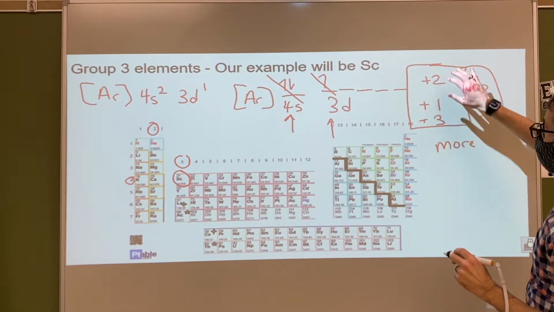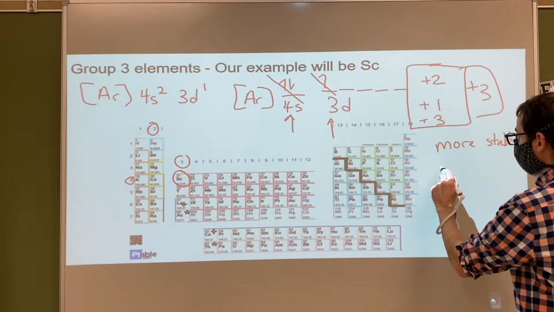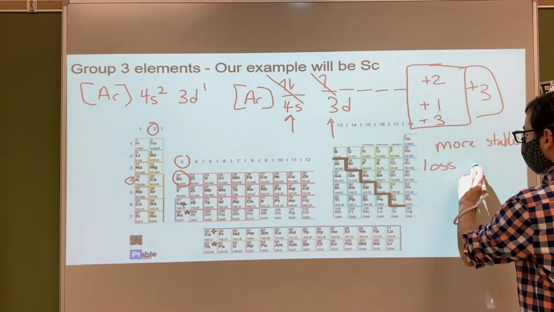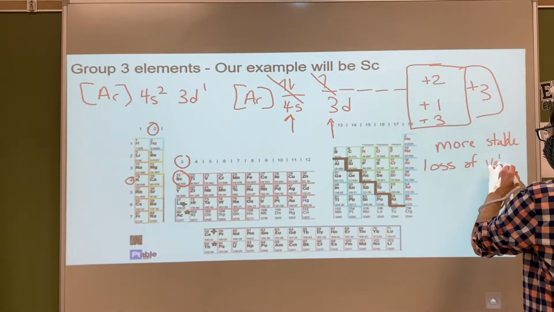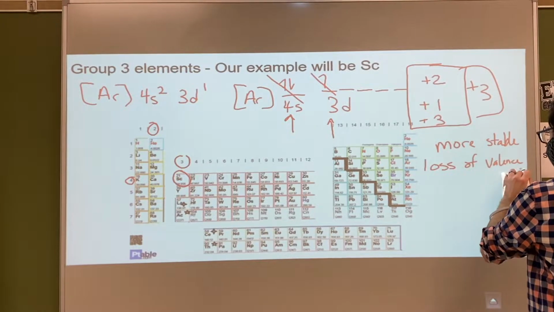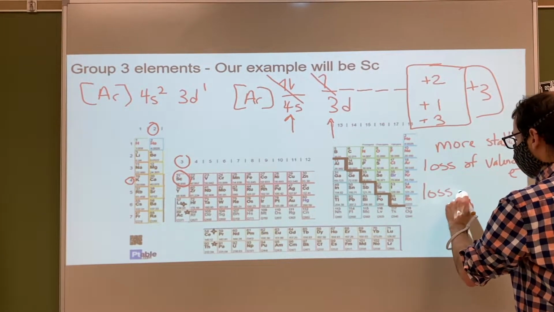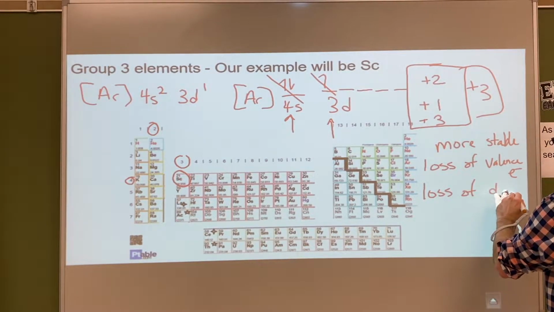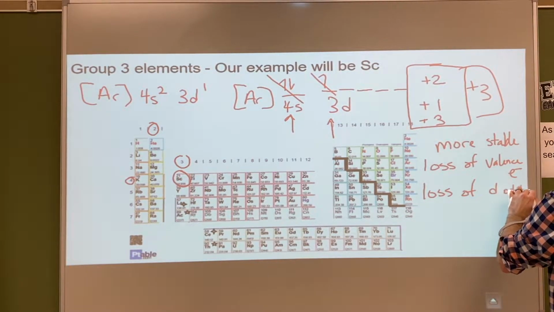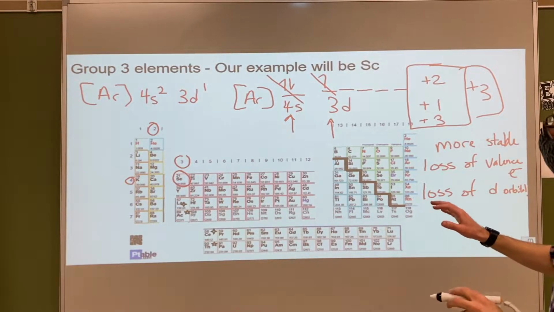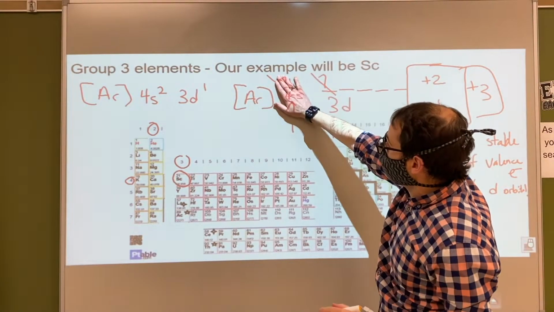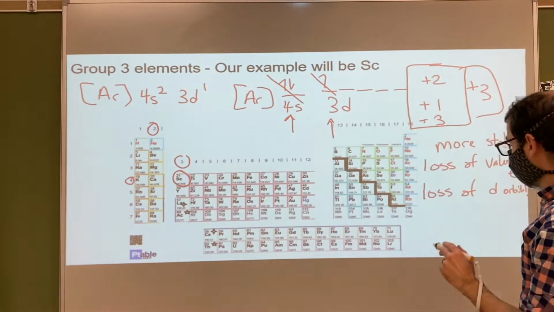The +2 was the loss of valence electrons. The +1 is the loss of the d orbital. And this one's really great because once you get rid of this and this, it's isoelectronic to argon.